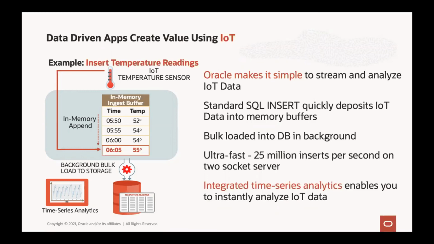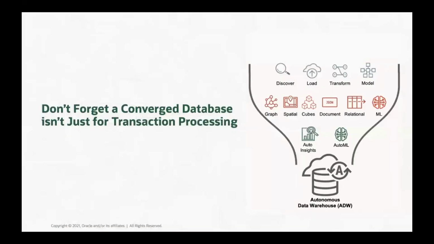We managed to achieve up to 25 million inserts per second on a simple 2-socket server. And it is very useful for IoT devices which are generating huge amounts of information in a very short amount of time, like temperature sensors or testing facilities.